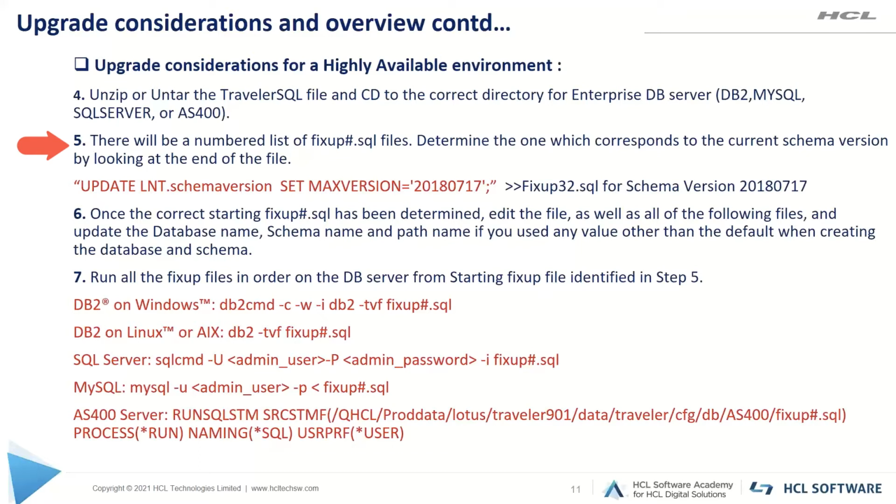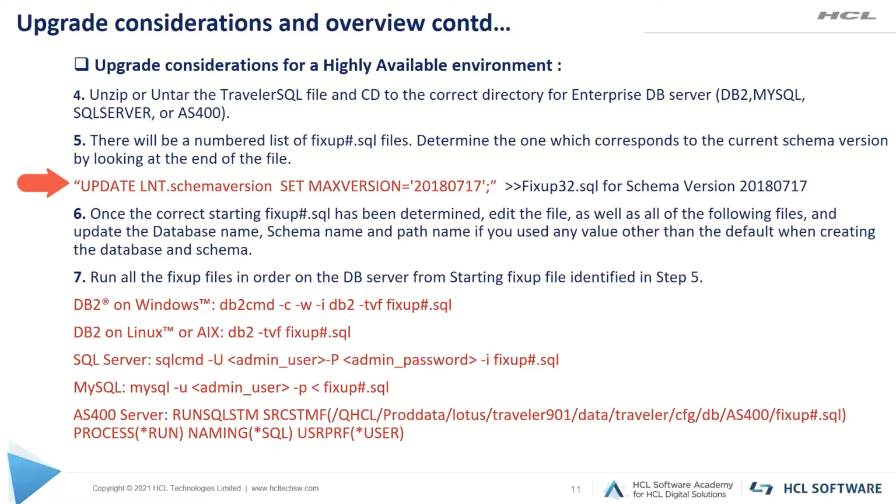You need to open those files to check which file has the schema version which is current. Once you open that file, at the end of the file you will find update lnt.schema_version set max_version equal to, and then there will be a schema version. For example, in the fixup32.sql file, you will find the schema version mentioned on this slide. So this file will be your first file which you need to execute.